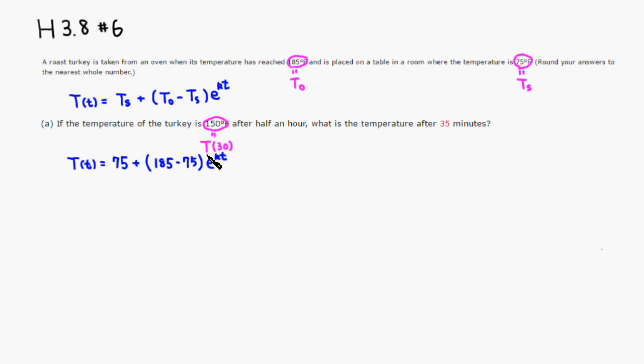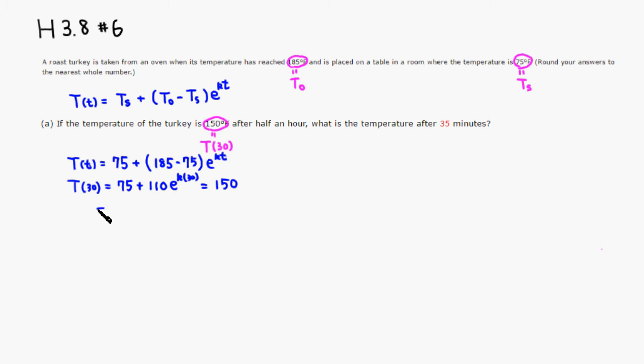Now we can look at the temperature after 30 minutes. This is 75 plus 185 minus 75, which is 110, times e to the k times 30, and this is supposed to be 150. So we can use that to solve for e to the k.